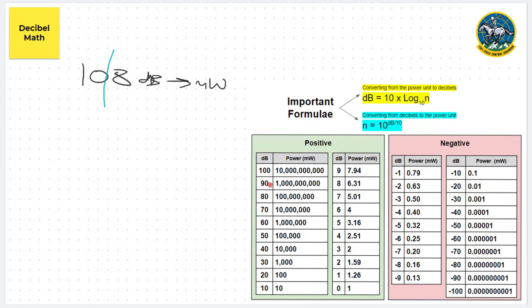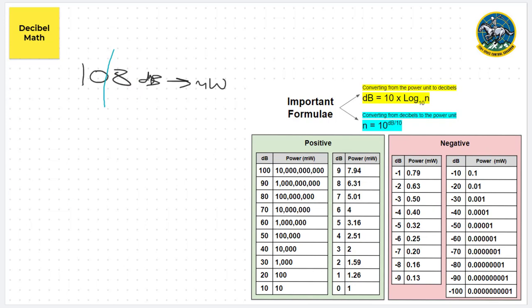Therefore, if I go above 99 dB, I now have 10 zeros or 10 digits after the first number in my conversion. So that's going to mean that I have 10 digits right here plus the 1 digit in the front that's made by this number.